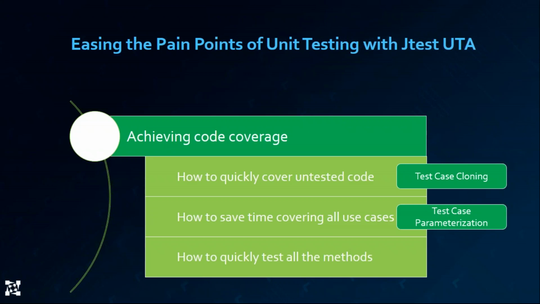Code coverage is not an indication of quality of your code. It's an indication of test completeness, and it is not the number that you should be driving the organization to.